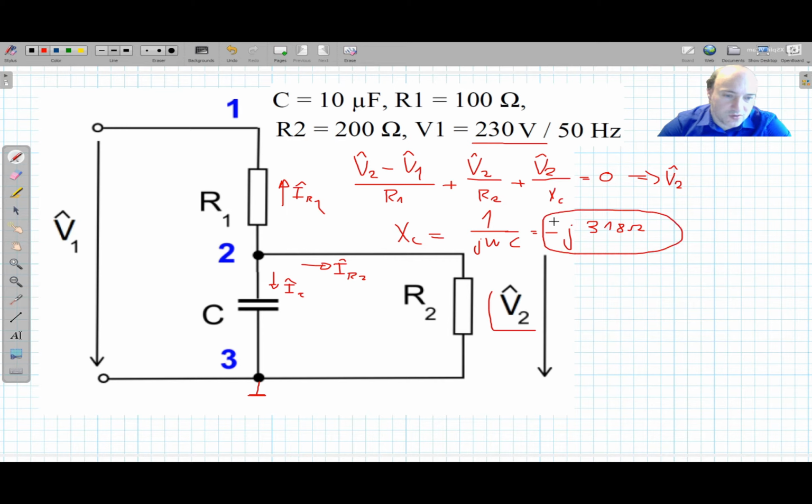You need to manipulate your equation correctly with complex numbers, and I have pre-calculated that the voltage V2 is equal to 150.